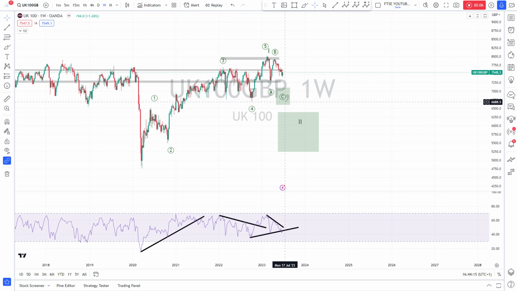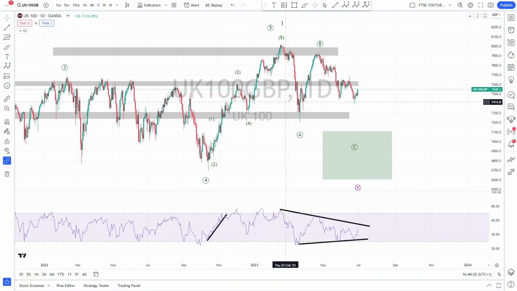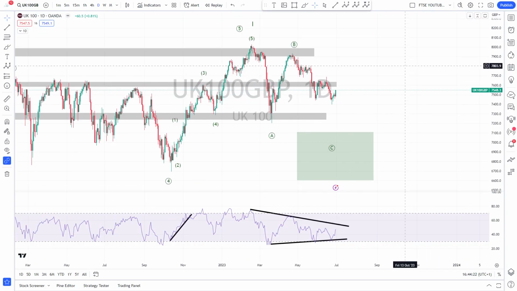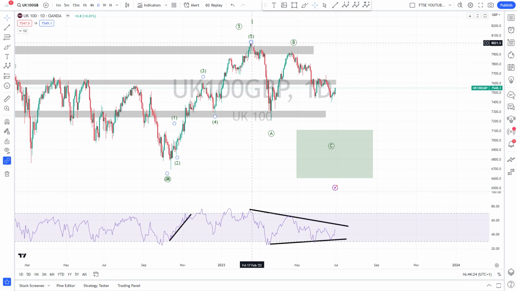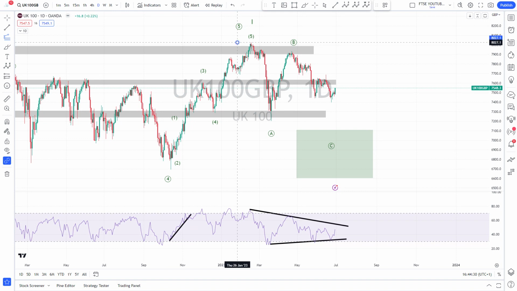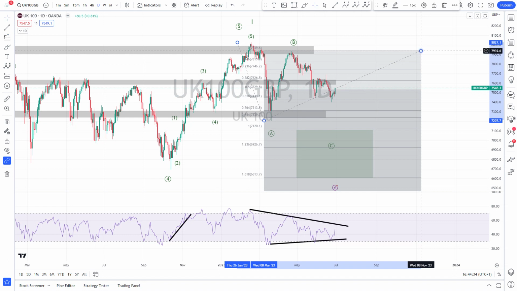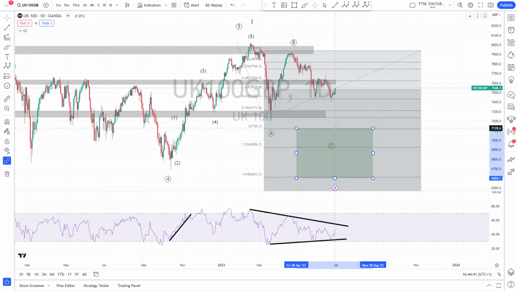Therefore, let's have a look at the daily. So here we have the daily chart, and so I start to see an ABC structure here. So if we take the length of wave A, the length of wave B, then this area here between the 1 and the 1.618 FIB extension is our area from where we should expect a reaction.